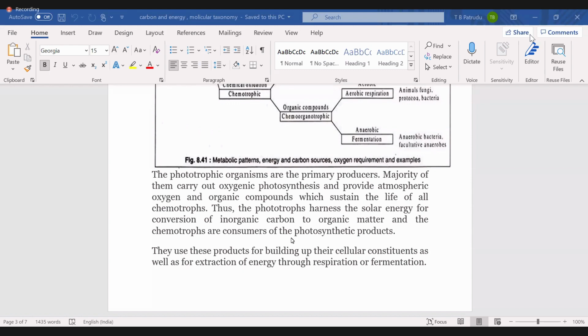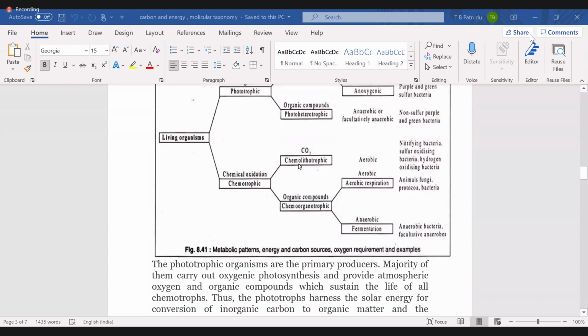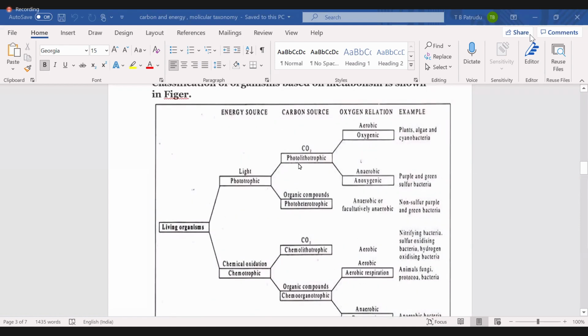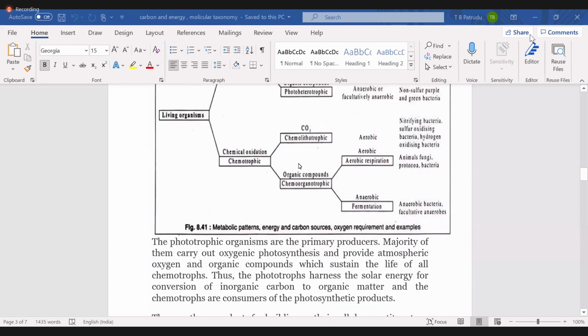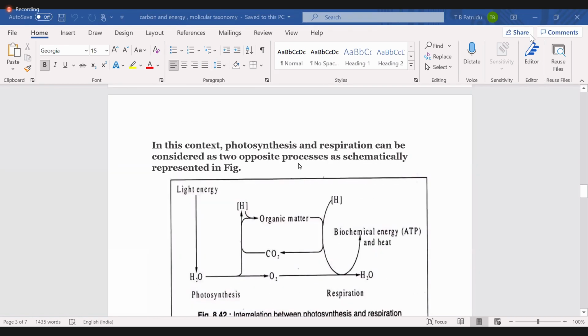This is the major thing of our metabolic pattern of both organic and inorganic carbon sources, carbon and energy sources in biosystems, in living things.